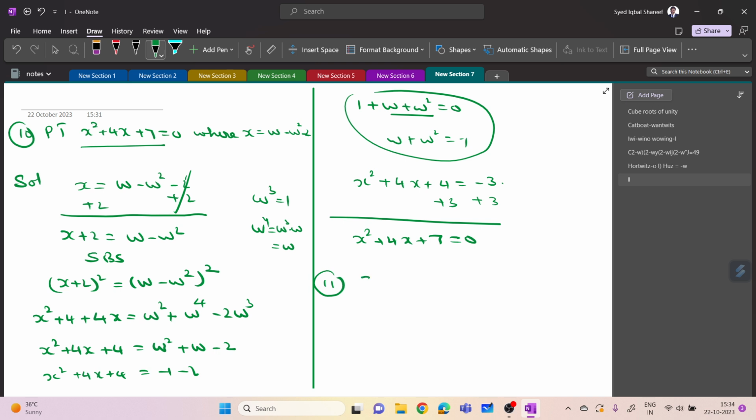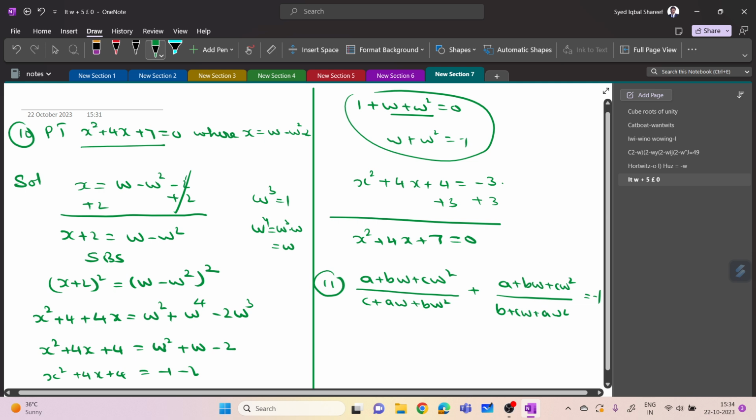So the next problem: (a plus b omega plus c omega square) divided by (c plus a omega plus b omega square), plus (a plus b omega plus c omega square) divided by (b plus c omega plus a omega square), equal to minus 1, we have to prove.